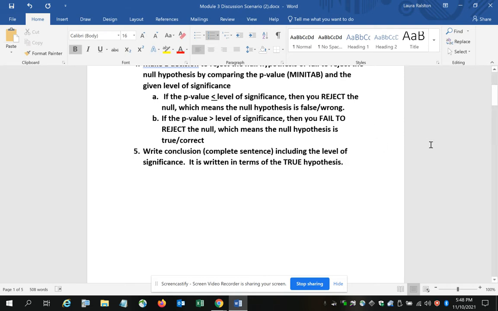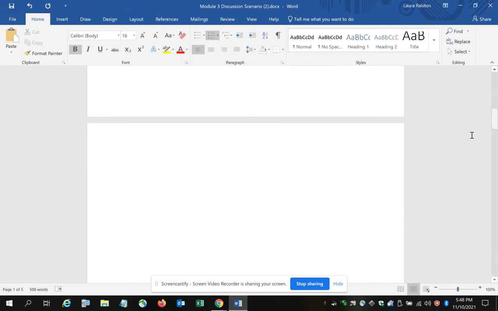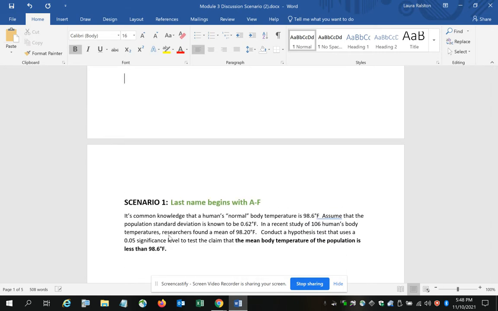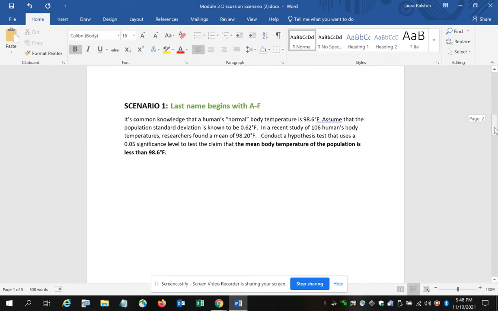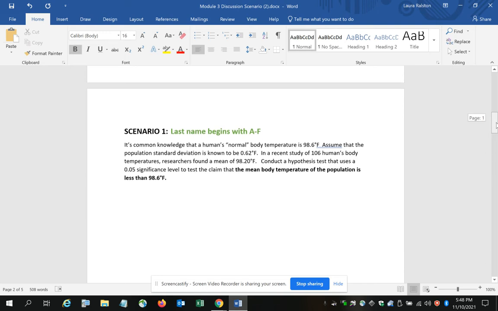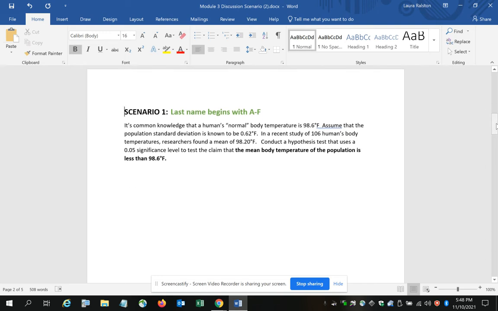Okay, so I'm going to work through a couple of examples for you, and I'm using the problems from the discussion 5 that apparently a number of you struggled to complete. So the first scenario reads, it is common knowledge that a human's normal body temperature is 98.6 degrees Fahrenheit.